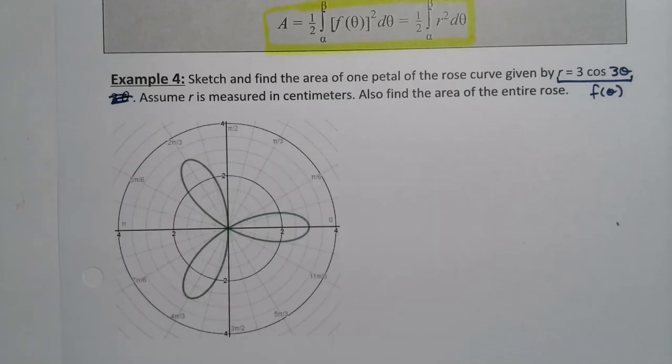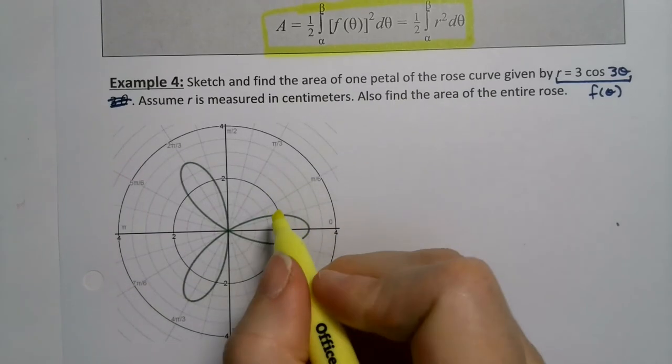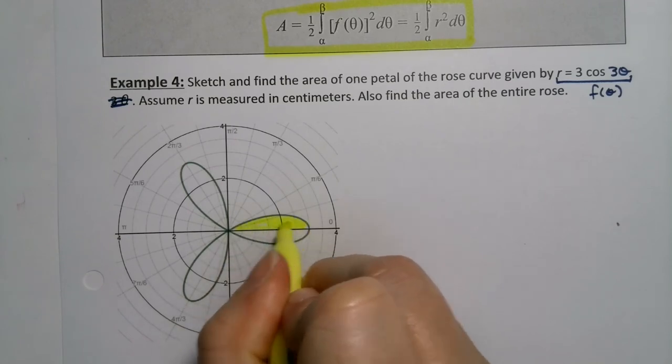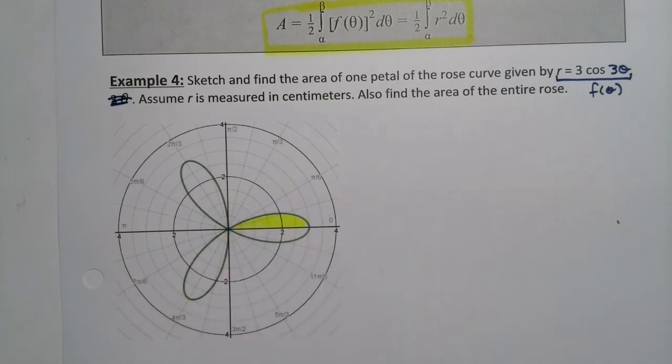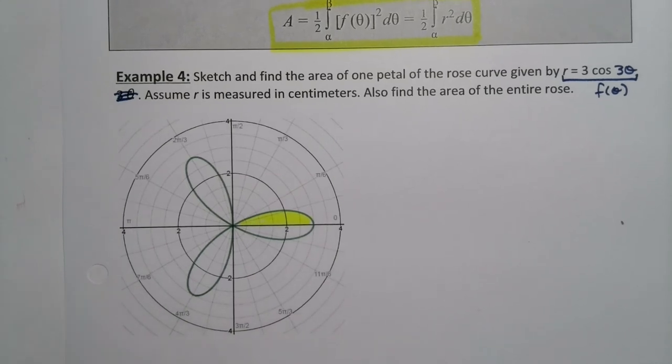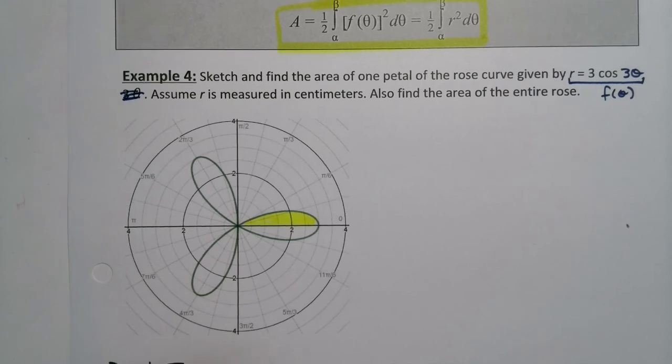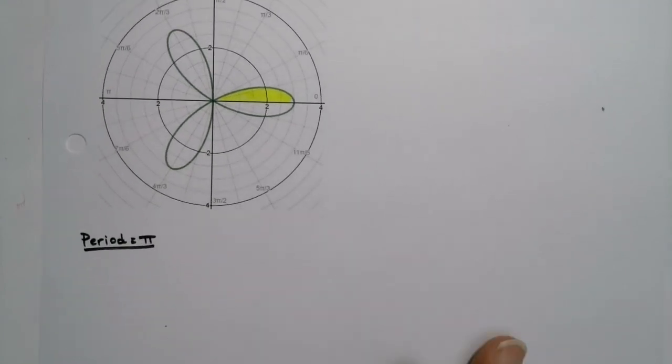So let me shade that. If I go from 0 to pi over 6, that would do this piece, right? And I also notice, by the way, when I'm looking at it, that the period is pi. I could tell that when I was looking at it.